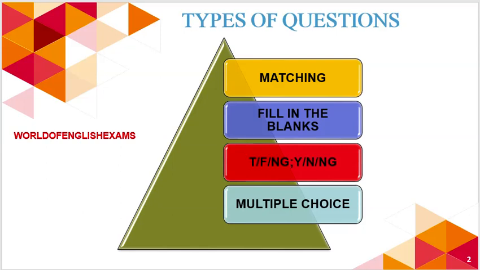And then there is a subset of true or false or not given, and yes or no or not given. Then we have multiple choice type of questions. So all these are the various types in which the questions will be given in the IELTS reading module.